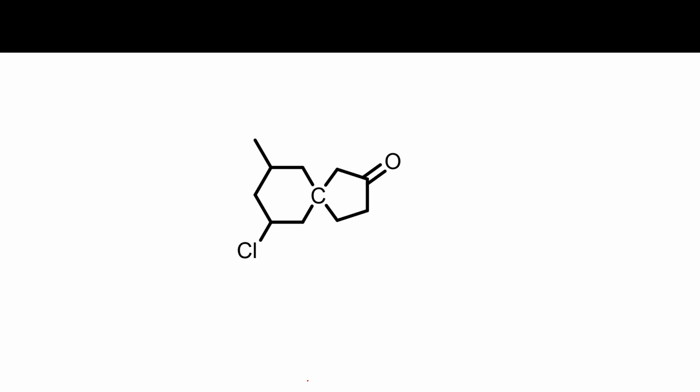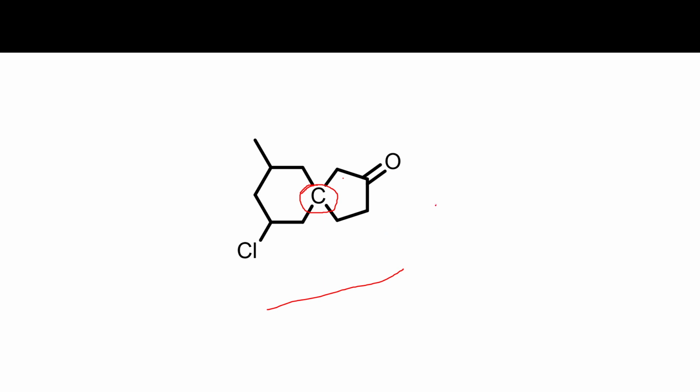Then the next cyclic compound is the spiro compound. Spiro compound means the junction is at one carbon. In this spiro compound, we have to go to the lower number ring first, like this.